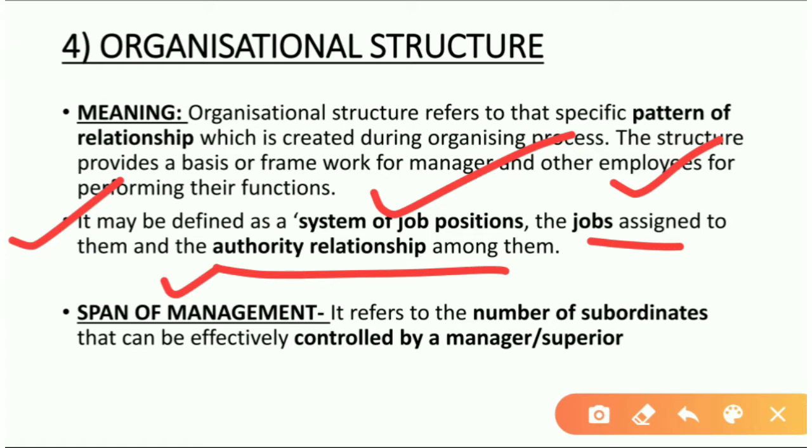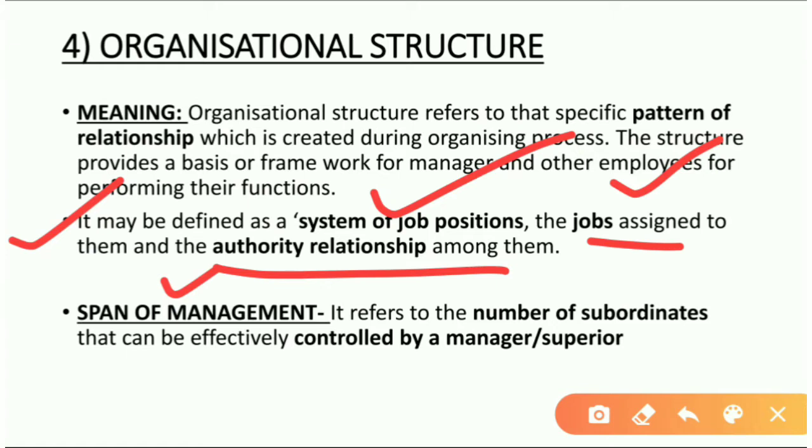For example, I told you that the manager asked the employees to produce the washing machine, but he has not given them the power to purchase the raw material. So how will they be able to do the work? That is why giving power is also necessary, as we have already studied in our principles of management chapter, Henry Fayol's principle, authority and responsibility.